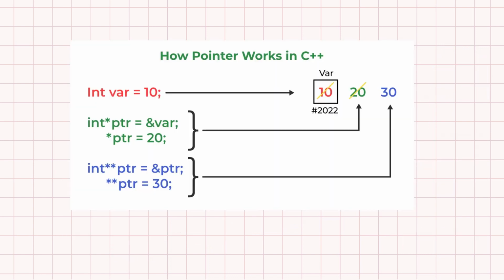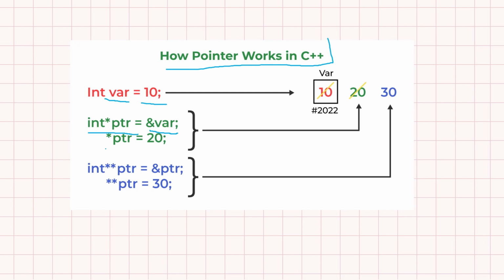Next, this shows how a pointer works in C++. We already have var, a variable of int type which contains the value 10. We declare our pointer star ptr, which stores the address of our variable var.